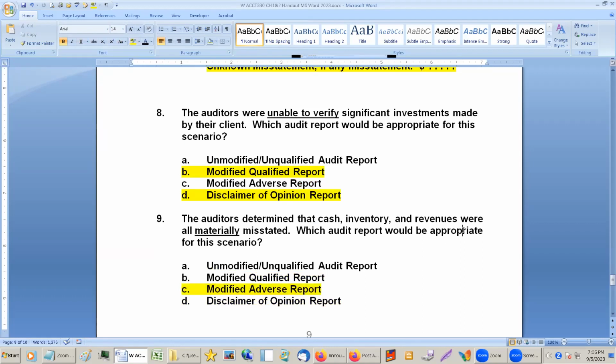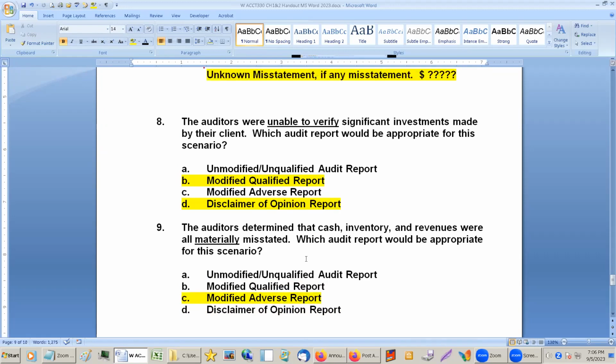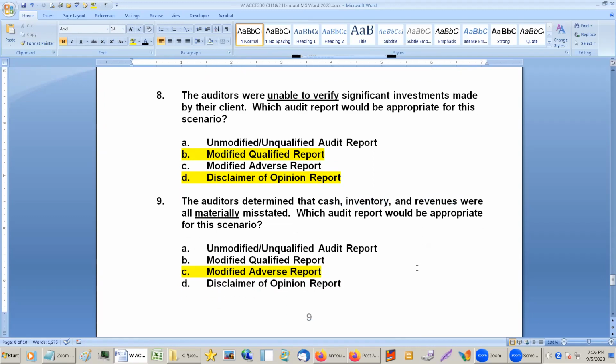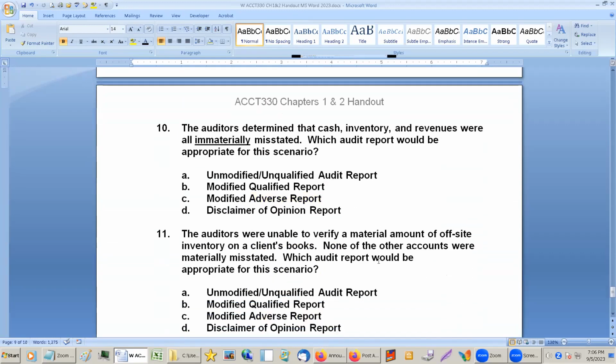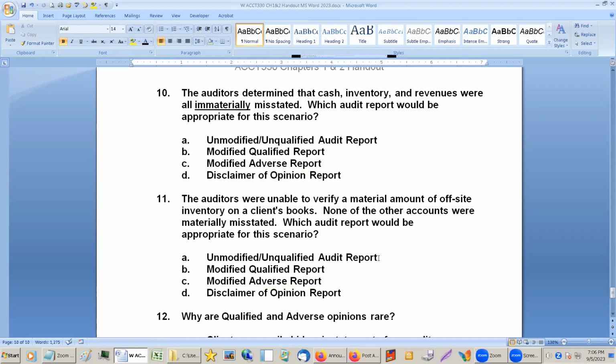Multiple accounts are all misstated. So it goes through the financial statements: cash and inventory on the balance sheet, the revenues are misstated, that's an income statement. So don't rely on it.